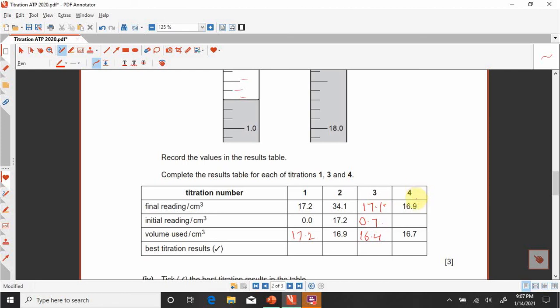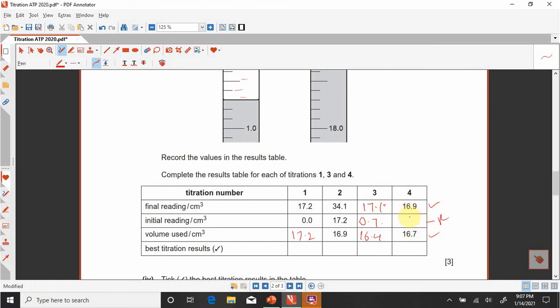Now the fourth titration. Look here, the final reading is given and the volume is also given. We have to calculate the initial reading. As I have just told you, we subtract the initial reading from the final. So when you subtract this value, suppose this is x, from this one, you will get this answer.